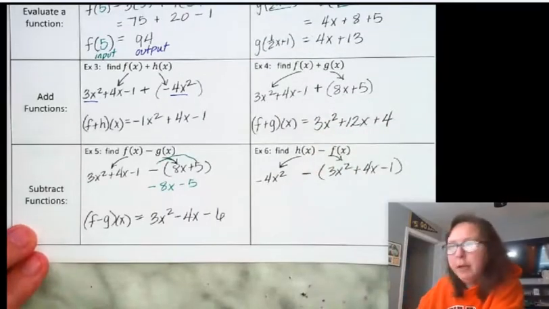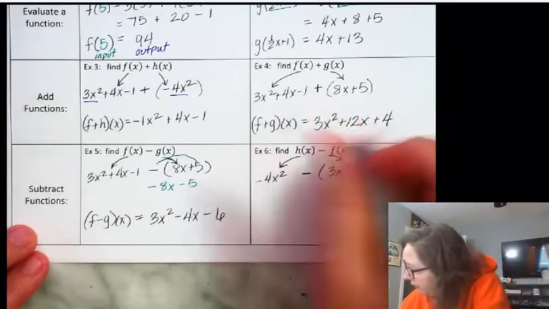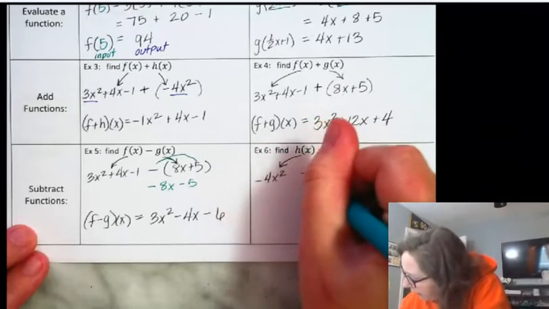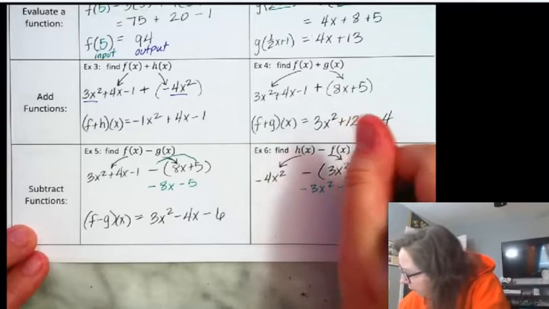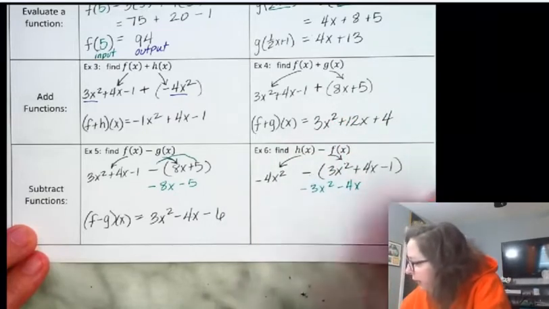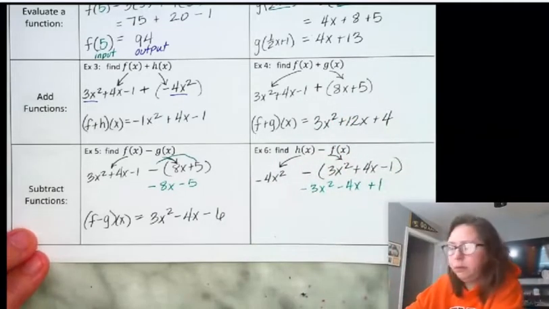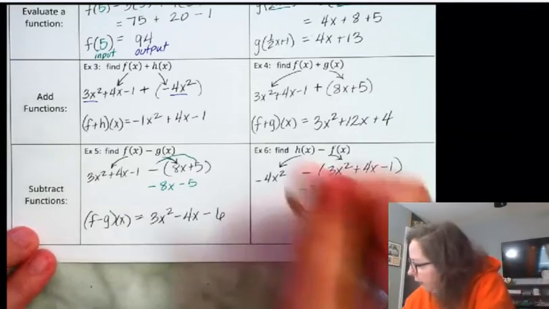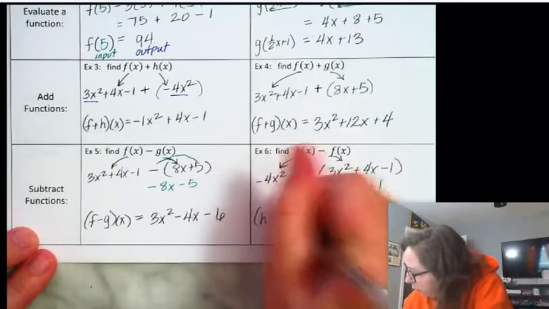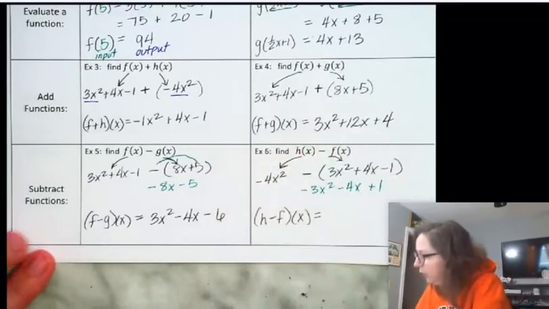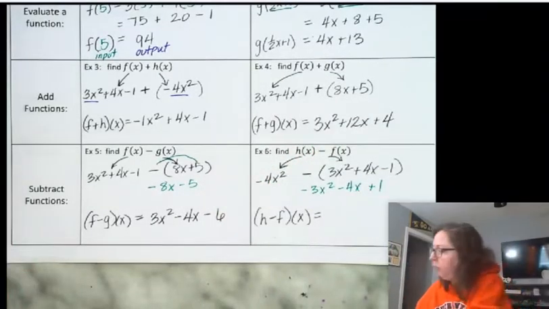I'm going to go ahead and distribute my negative to everything, so I get negative 3x squared, negative 1 times 4x, negative 1 times negative 1. Okay, and now write this notation.